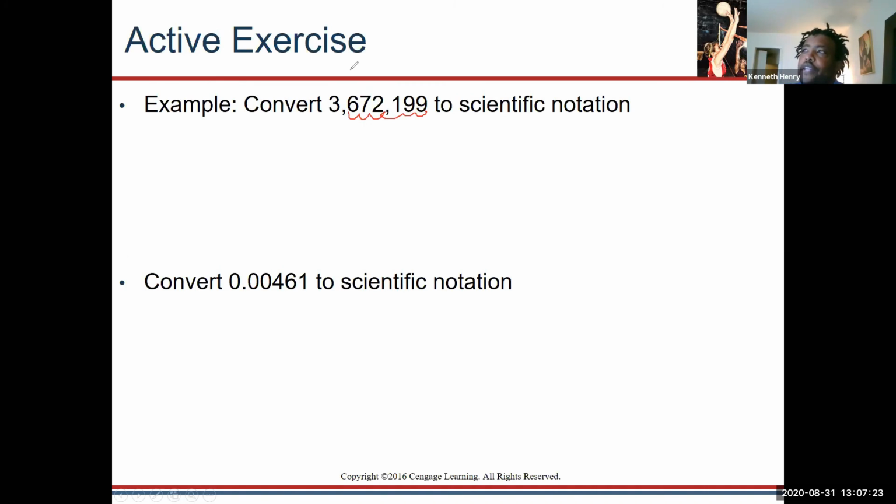So then your answer in this situation would be 3.67219 times 10 to the 6th. Simple?